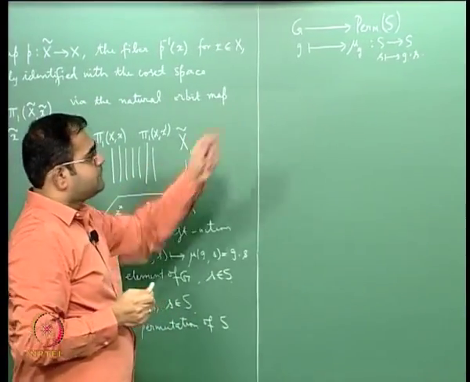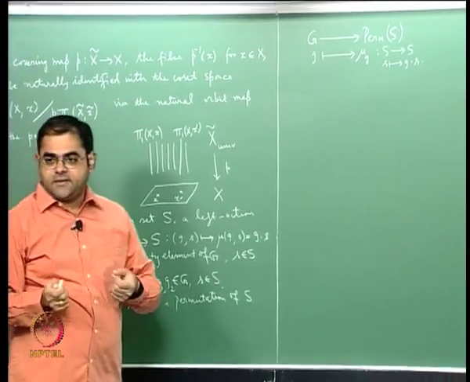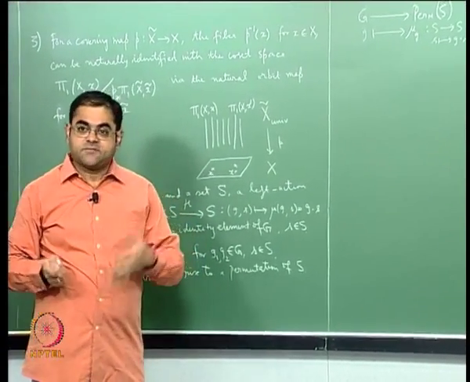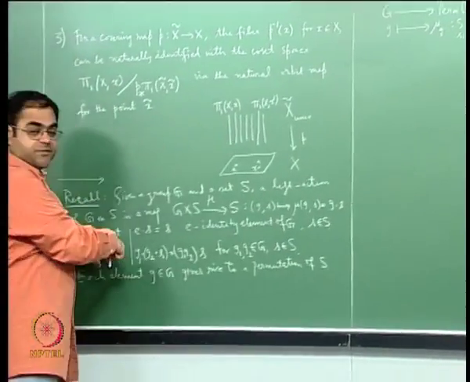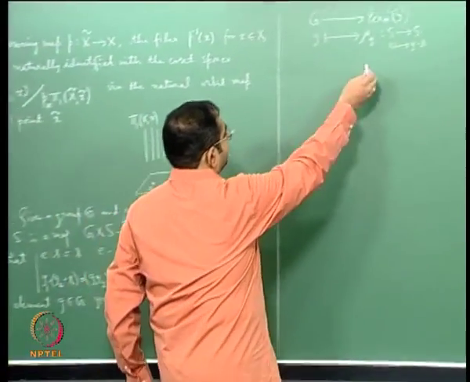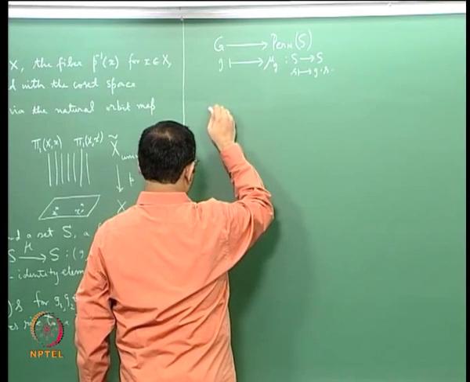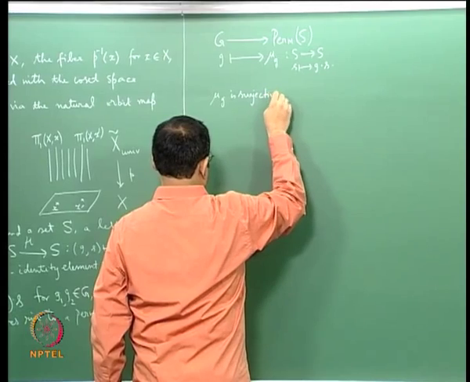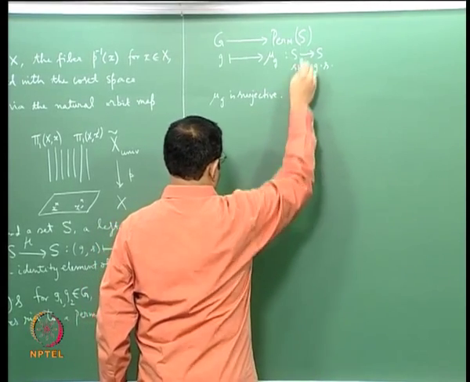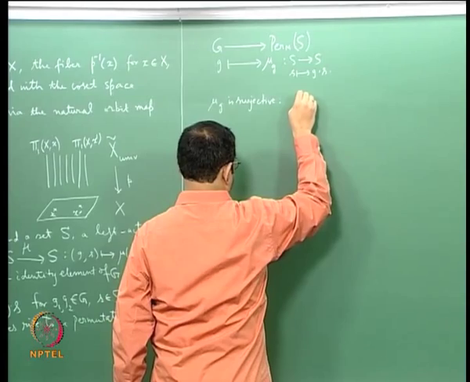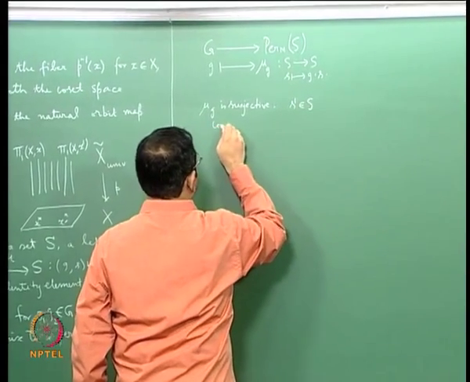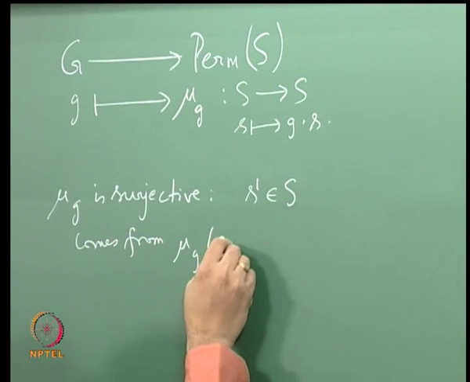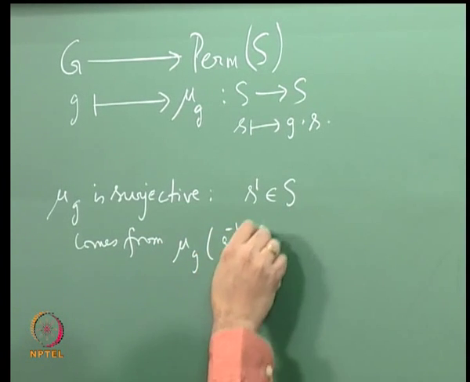And so every element of G gives rise to a permutation of S, and why is it a permutation? It's because of these conditions. You can see that mu G is surjective, because if I start with an element S prime belonging to S, it comes from mu G of G inverse dot S prime.